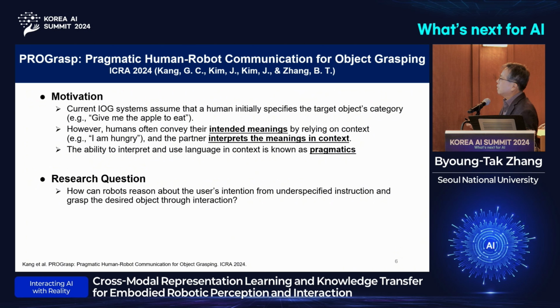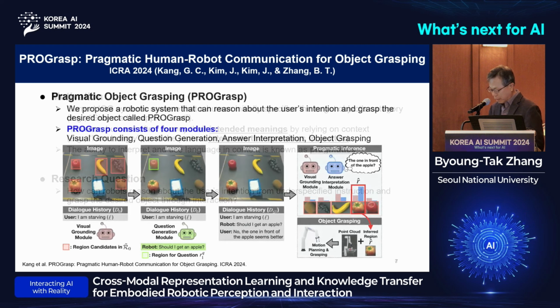The research question here has been how robots can reason about the user's intention from under-specified instructions, where there is some ambiguity, and grasp the desired object through interaction, so by doing action as well. The basic components are, first, visual grounding. You have to recognize the objects in the visual image.